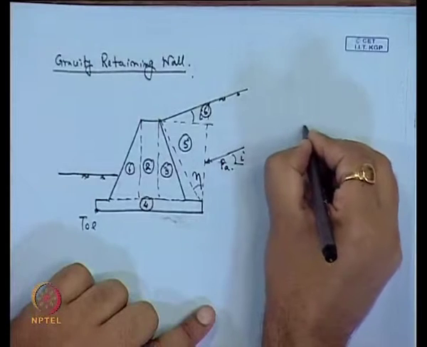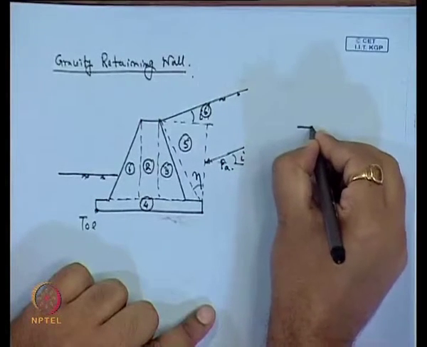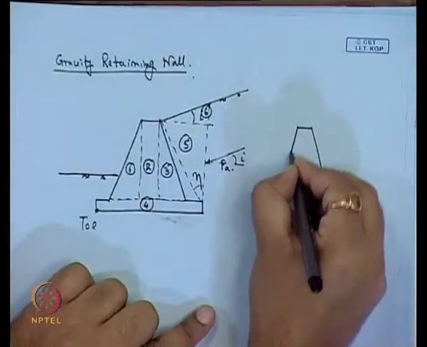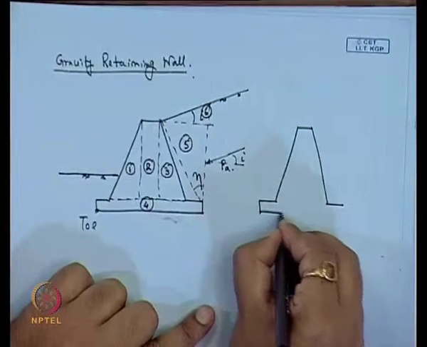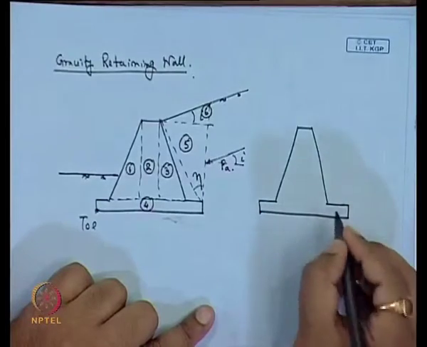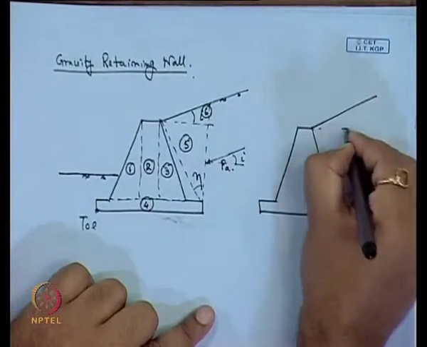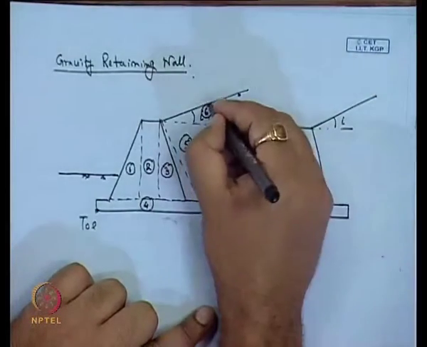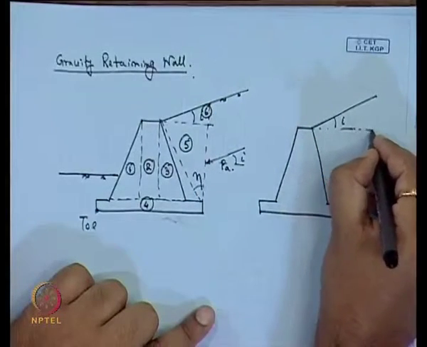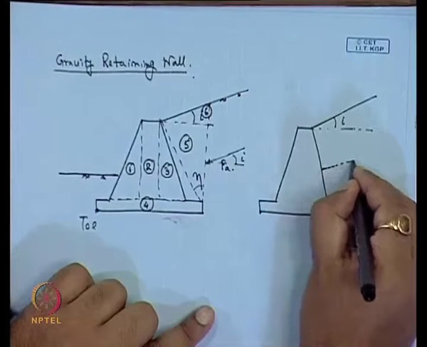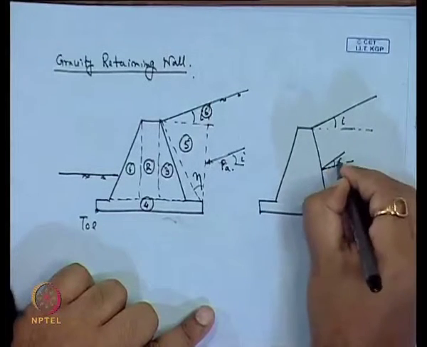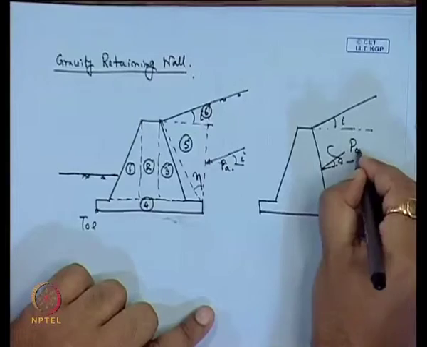Now, if I consider the same problem by Coulomb's theory, then suppose this is i. So, it will act with this perpendicular line at an angle delta, this P A will act.